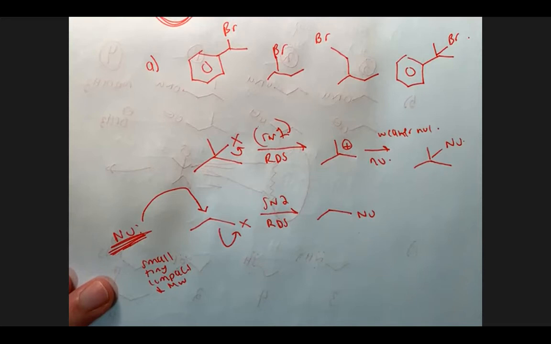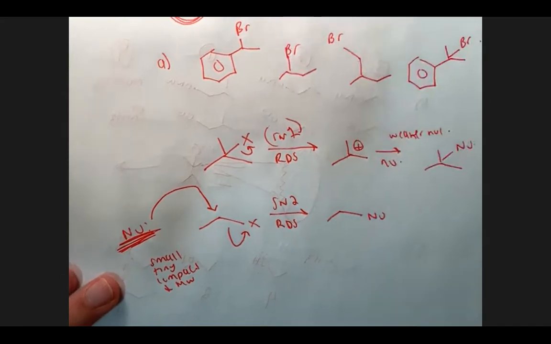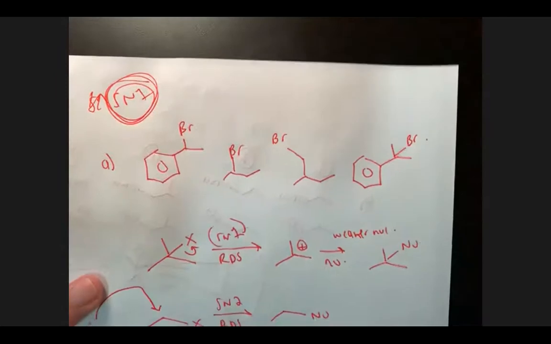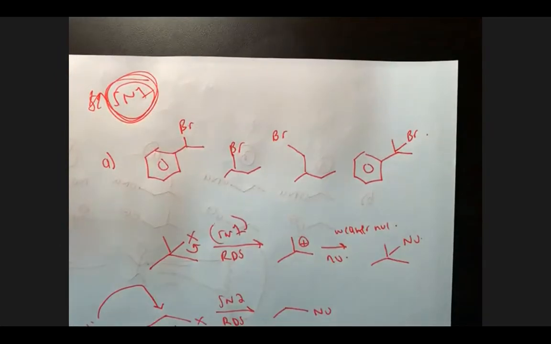Exactly. That's good. Okay, so let's go back to this ranking problem. Essentially, these are all my starting materials. Before, the question was different. The question was ranking the nucleophiles, okay? So we could say, let's rank the following nucleophiles under SN2 conditions. We could also say, rank the starting material in SN2 conditions. We could say, rank the nucleophiles in SN1 conditions.